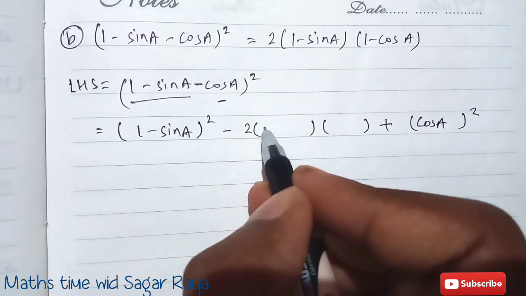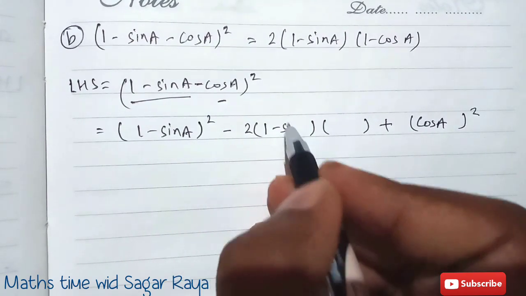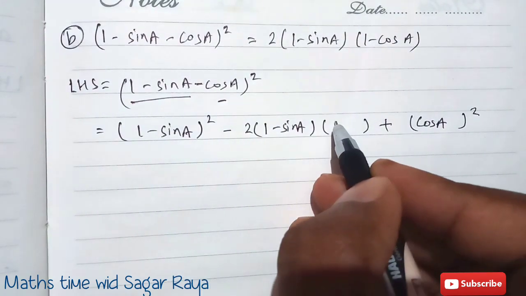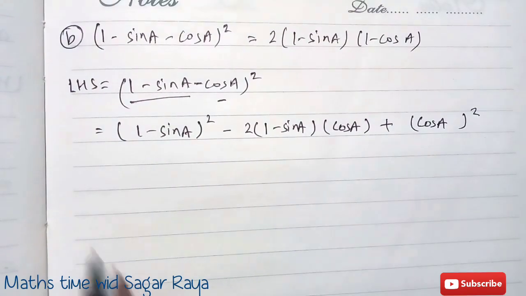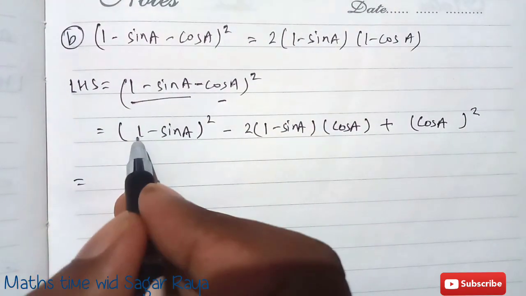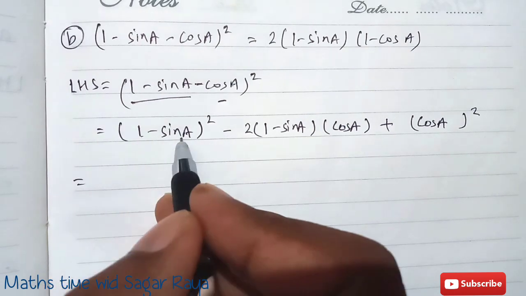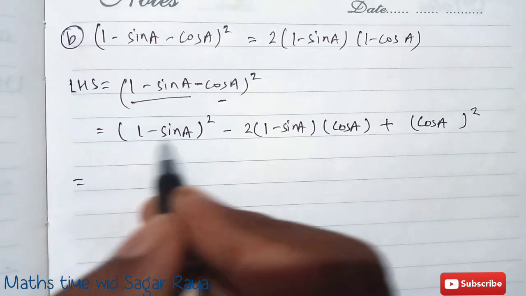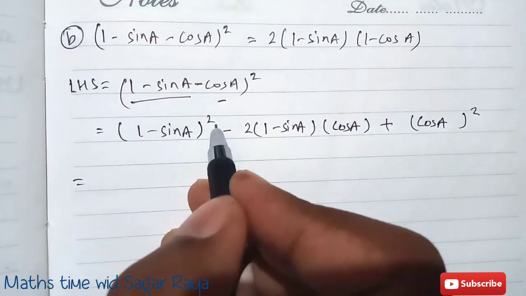So here also instead of a I will write 1 - sin a, instead of b I will write cos a. Now again you can apply the formula of (a - b) whole square.